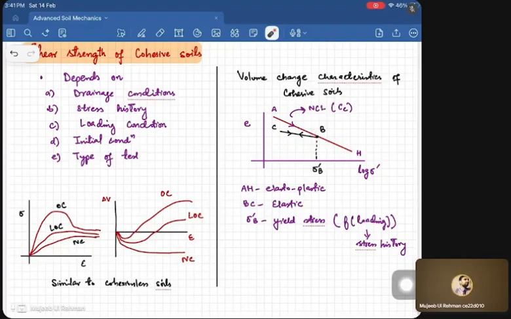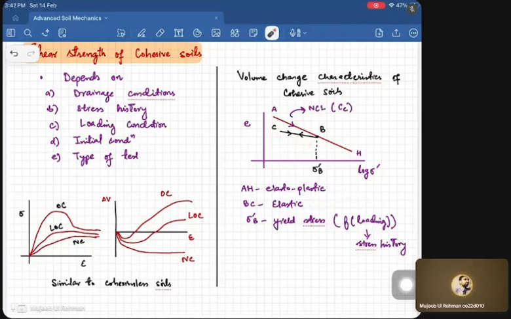The stress will be reduced, because the soil had already gone through a stress of sigma dash B in the past, and now we are giving a stress less than sigma dash B. So the soil will be in an OC state, and the behavior in this BC part will be elastic, correct?